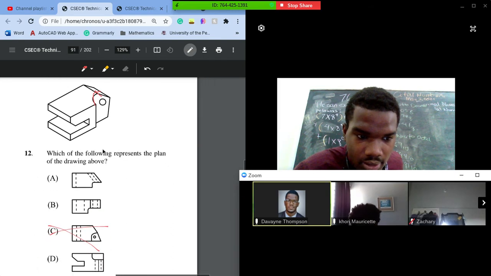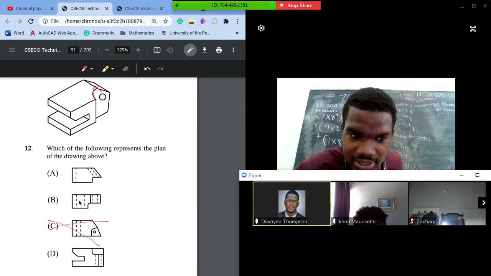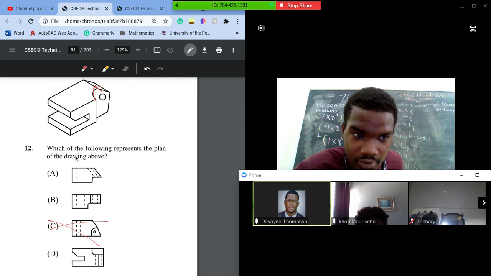Alright, there you go. You're missing a key detail, Corey. Where did this come from? Are there two hidden lines on this drawing? And also, is there a mouthpiece on the plan view?